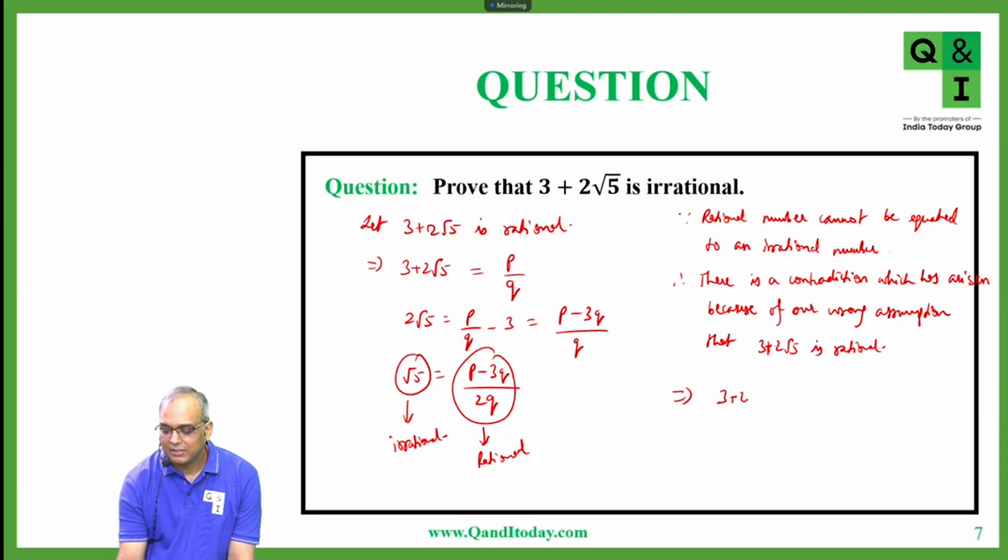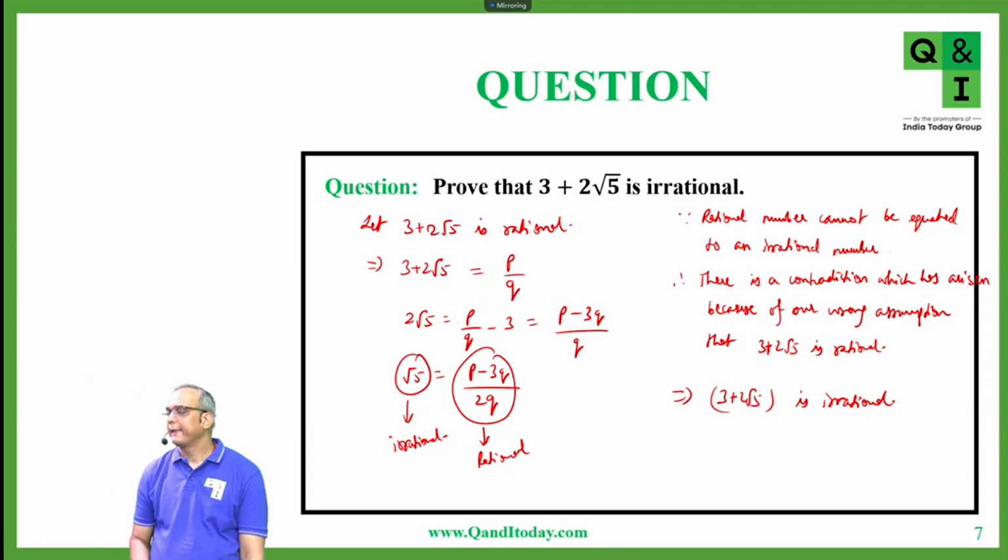So that means 3 plus 2 root 5 is irrational and not rational. Is it clear?